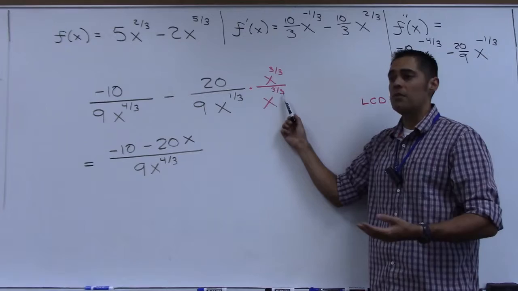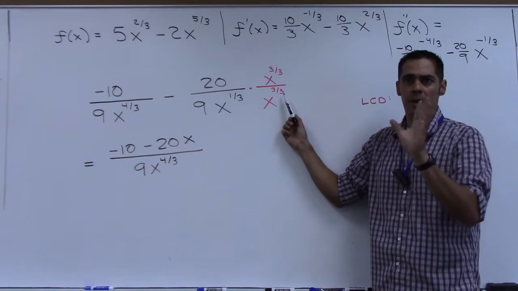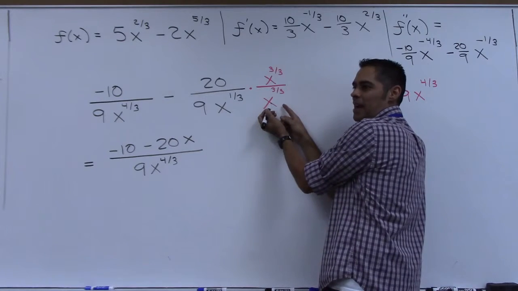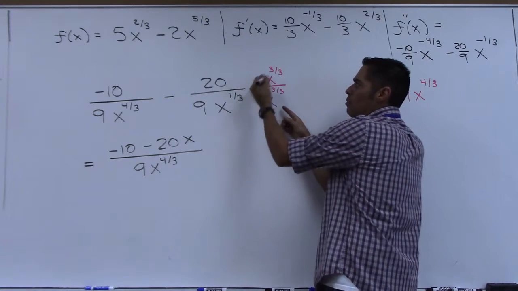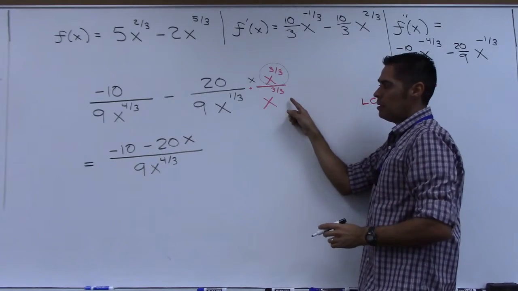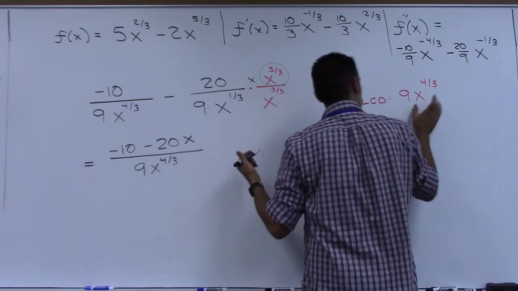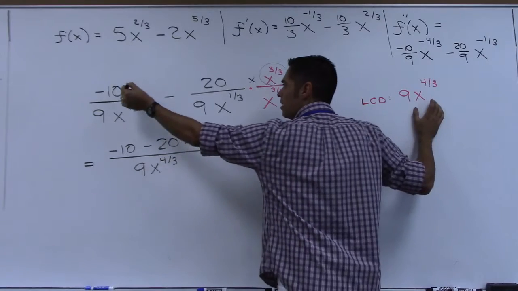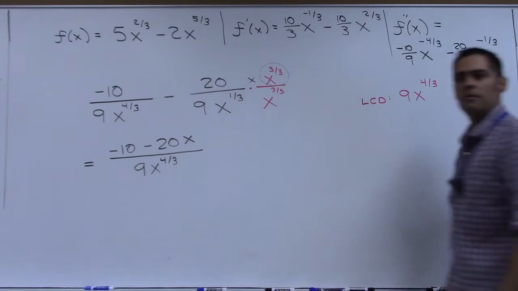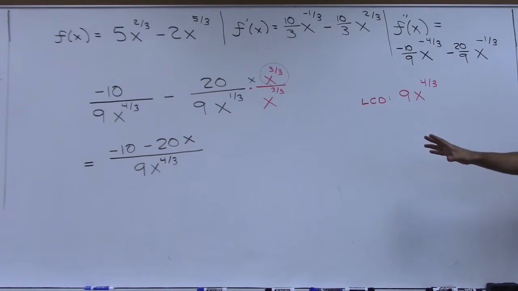Now, 3/3 is the same as 1, but just so you see where it came from. This up here I'm just writing as an x, but down here is 3/3. So when I multiply those together, I get the same denominator. So I put this numerator, -10 minus 20 times x, and that's it. Do you all see that? Okay.